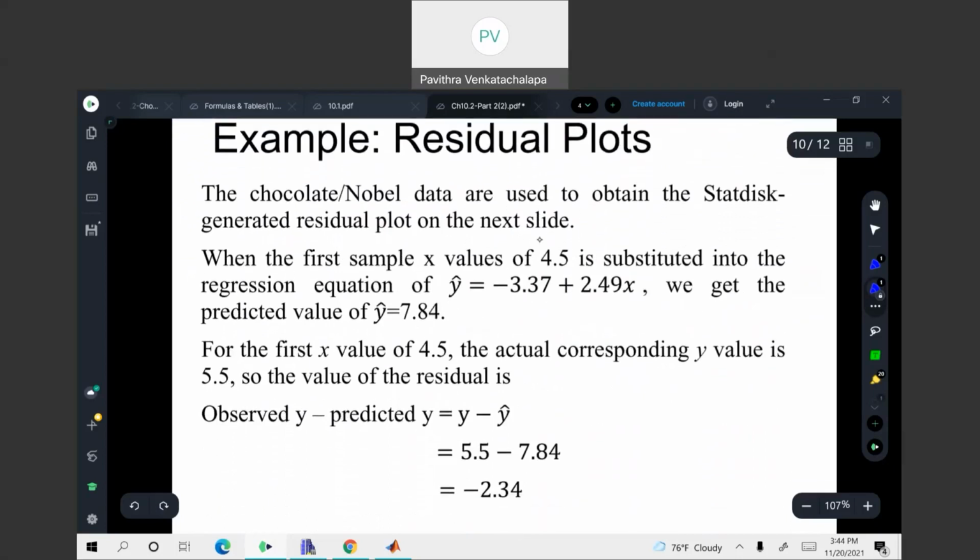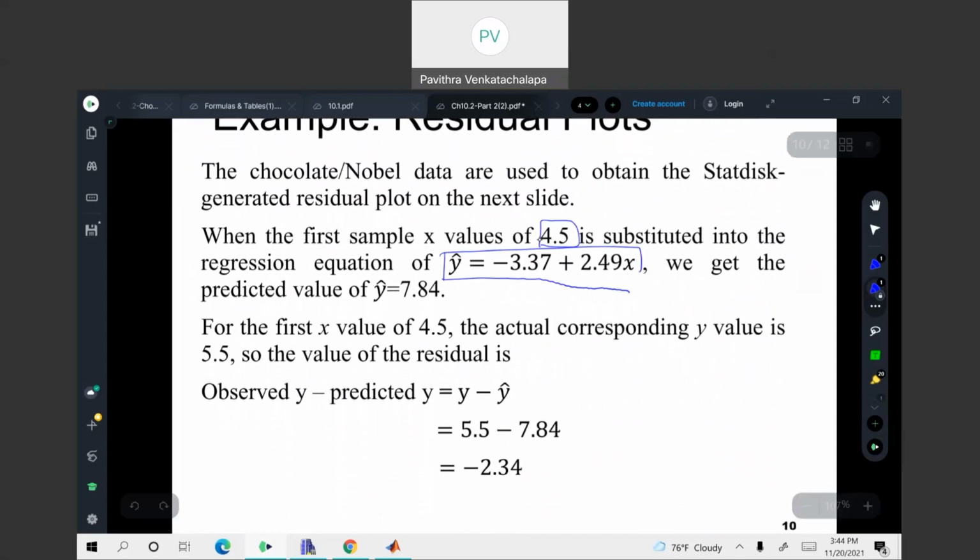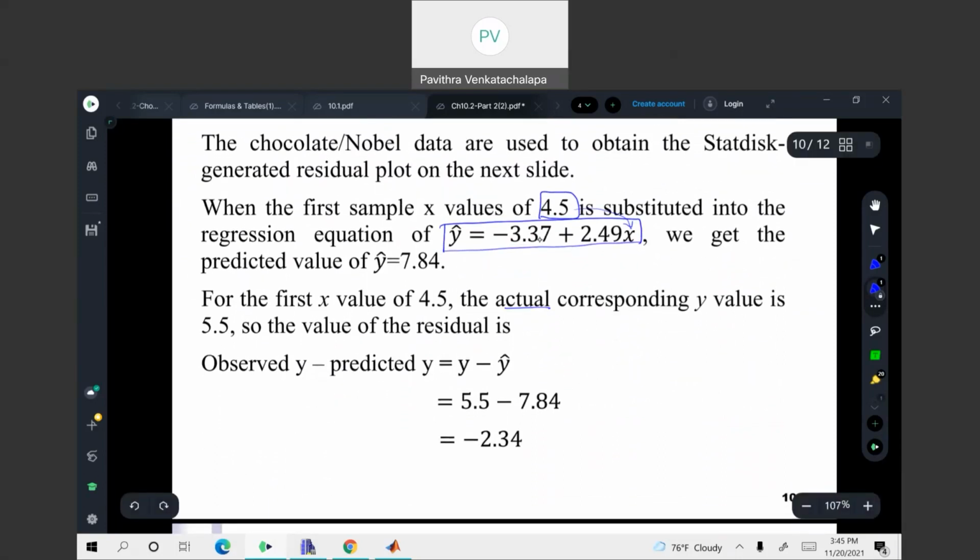Okay, now we have a small example here. Now they say that the first sample value is 4.5. It is substituted into the regression equation, plugged into the regression equation here, and what do you get? You get y cap, right? If you put 4.5 in the x position, because that's the given value for x, you get y cap as 7.84. Okay, now the actual value of y has to be 5.5.